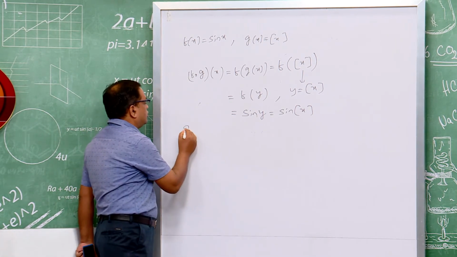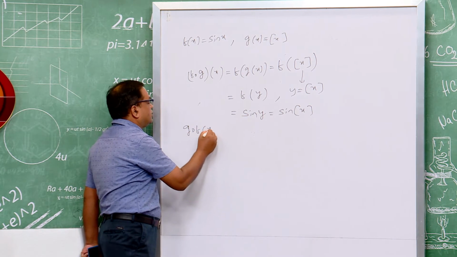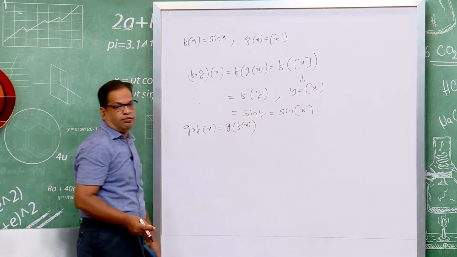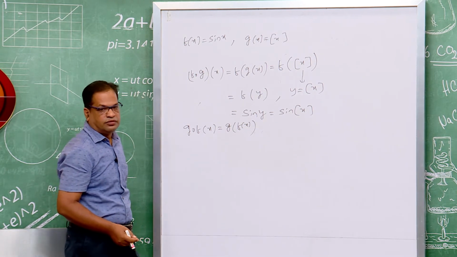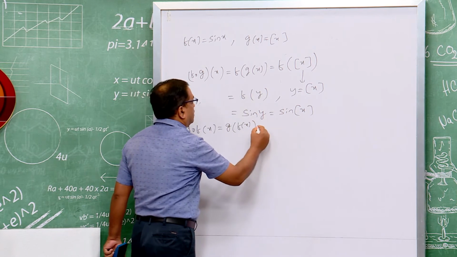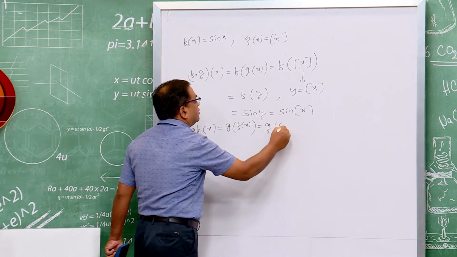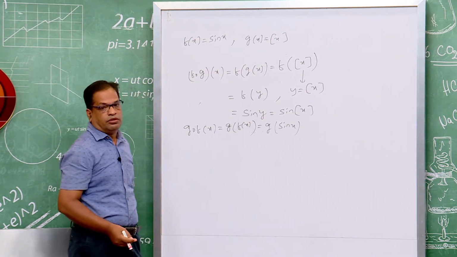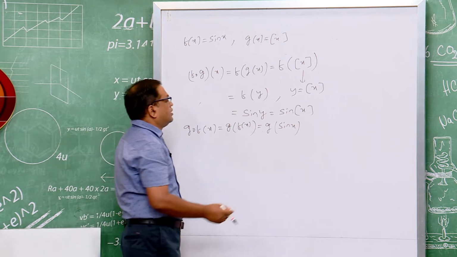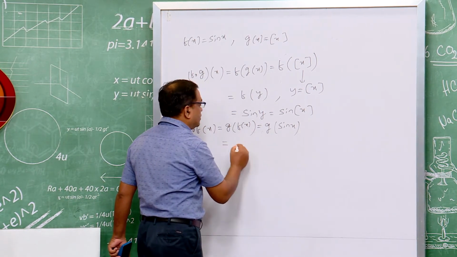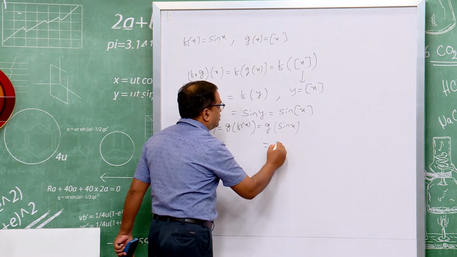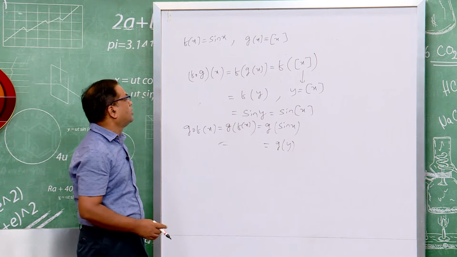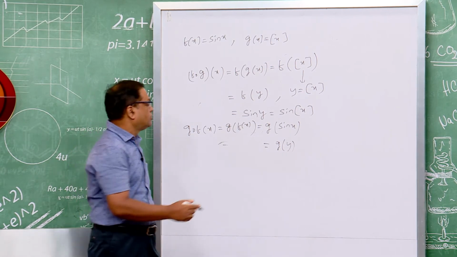Similarly, g composition f of x will be equal to g of f(x). What is f(x)? f(x) is sin x. Now, again g(x) is equal to square bracket x. Now, again we write g(x) as g(y).